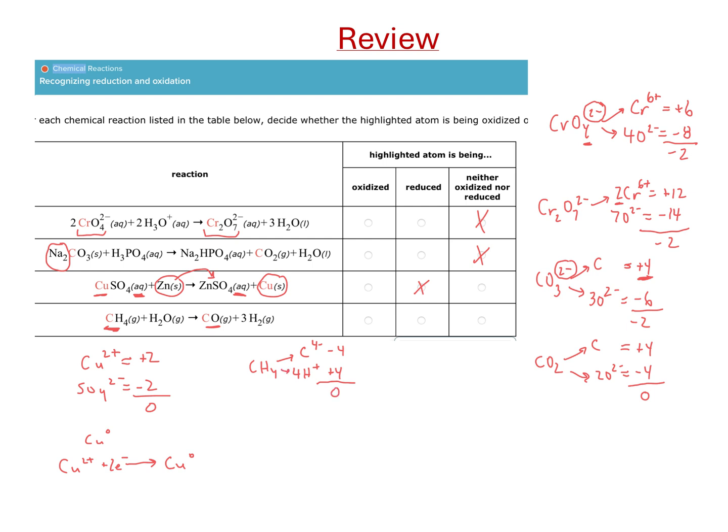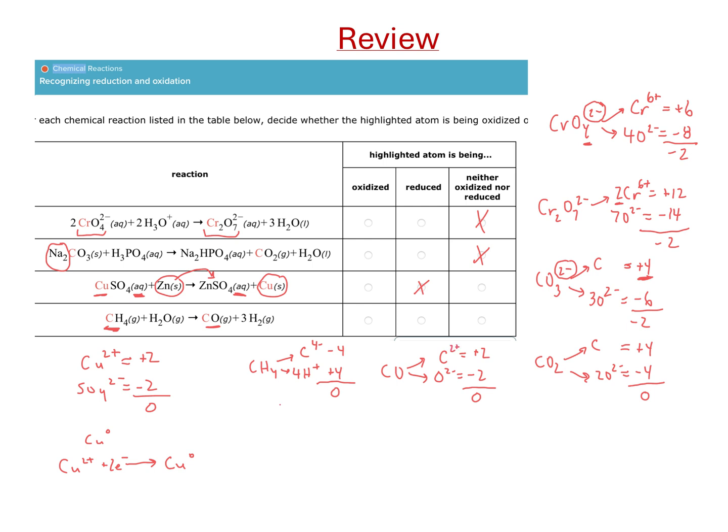So we go from methane to carbon monoxide. In carbon monoxide, oxygen is 2- each, so I've got 1 oxygen, that's -2. Carbon monoxide is neutral, the overall charge is 0, so carbon here needs to be 2+ to balance that out.